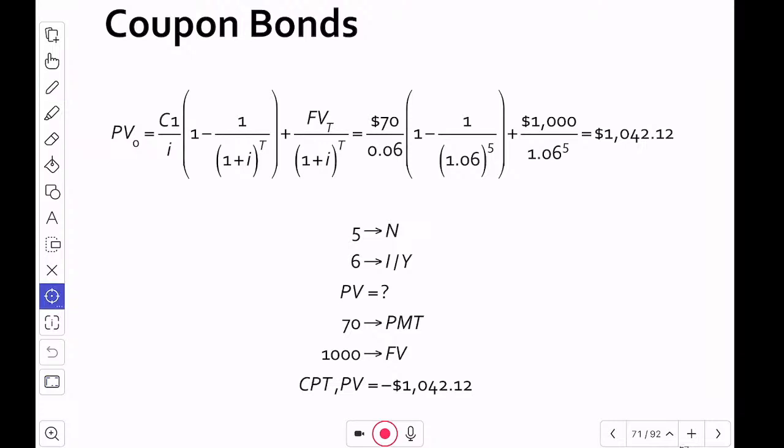So some of you might feel uncomfortable that I'm just using the calculator and not calculating. Don't worry, you're going to have your opportunity. We're going to enter this into the calculator in the next set of problems. Not for bonds, but for something else. So for bonds, you use every key of the calculator, coupon bonds.